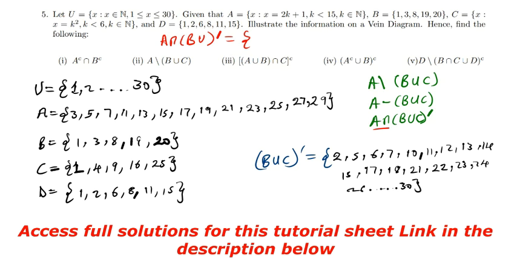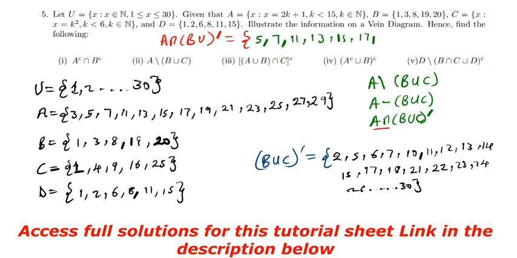5 is the first element, so we have 5. Then 7 is also common. Then 11 is common, then 13 is common, then 15 as well is common. Then what else? 17, yes, is common. Then 19 is not common, 19 is not in B union C complement.